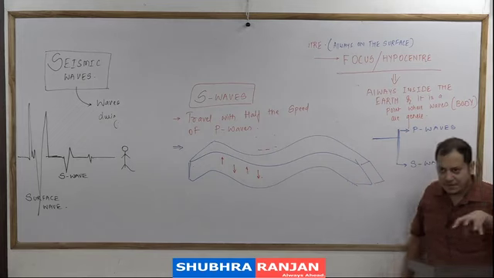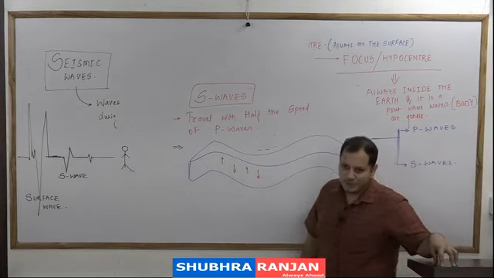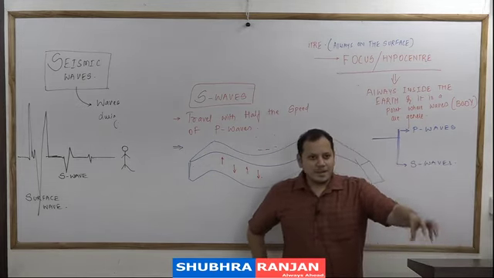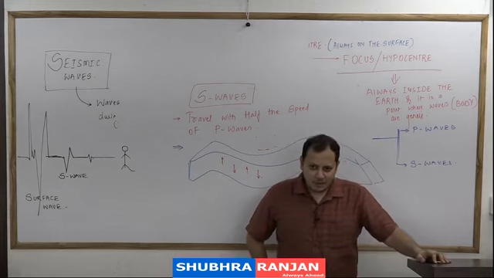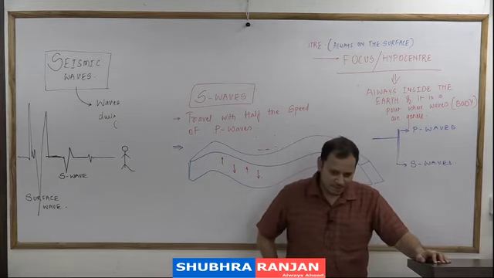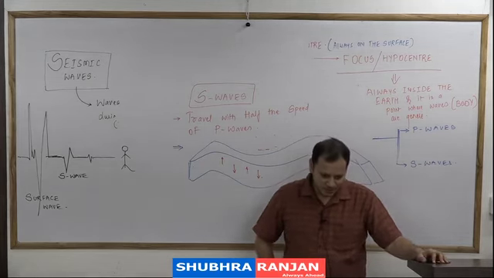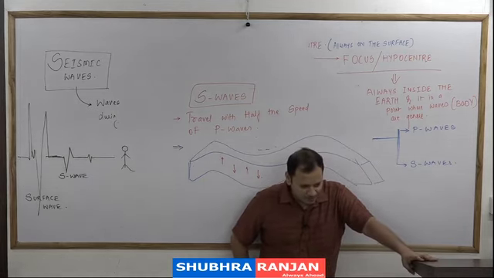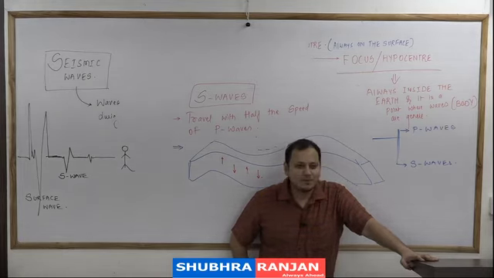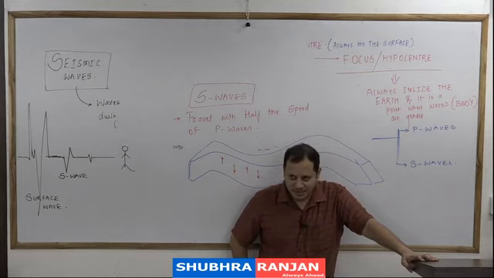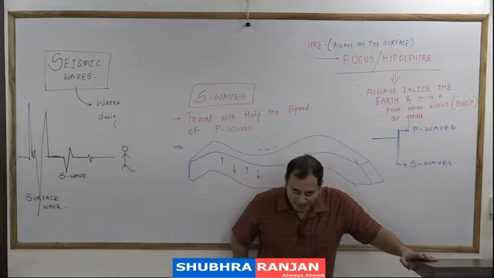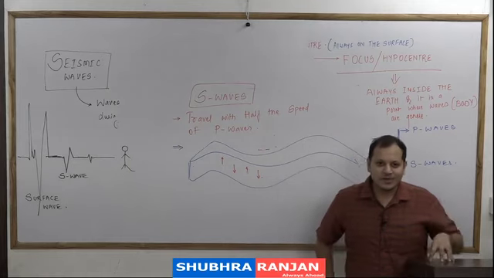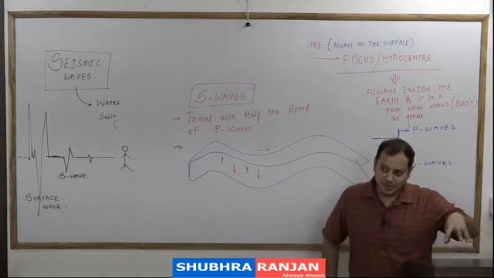The next point, the most important point, is that S waves can pass only through solids. That means they will not pass through liquid and gaseous medium. So this will tell us whether the interior of the earth is gaseous, or whether there is any liquid in it, or whether it is only solid.